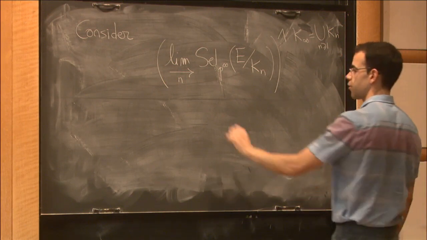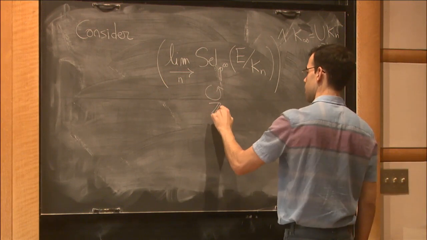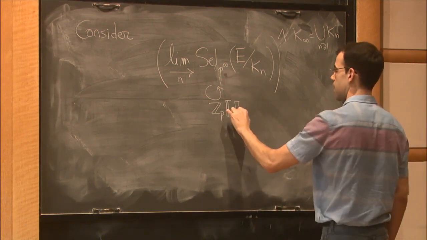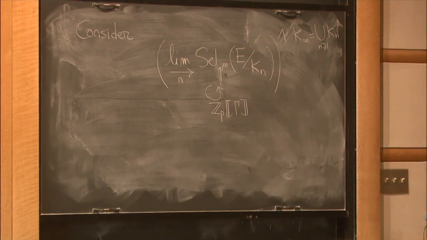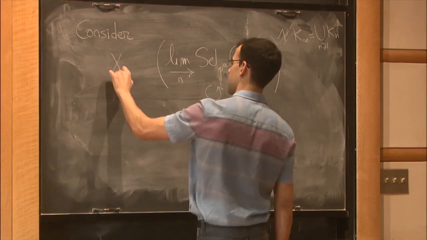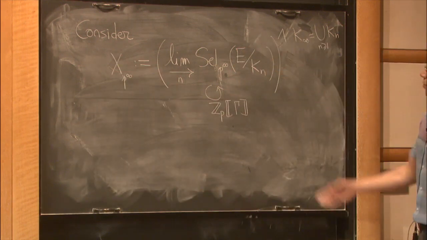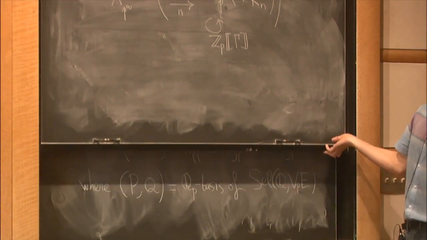This is naturally endowed with a structure of a module first over Z_p and then the action of the Galois group up the tower. I'll denote this by X_{p^infinity}.